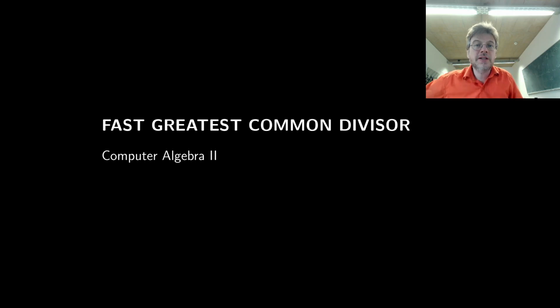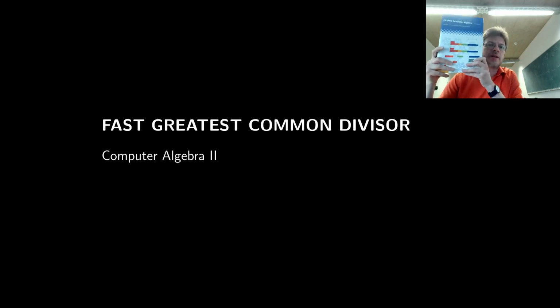If you find that the video and my explanations are not detailed enough, then let me remind you that the full details are in this wonderful book by von zur Gathen and Gerhard, The Bible of Computer Algebra.